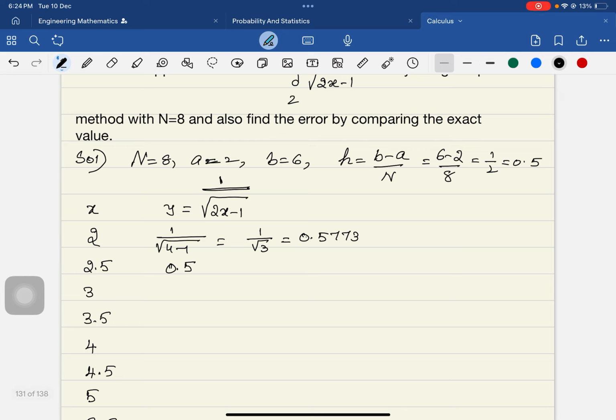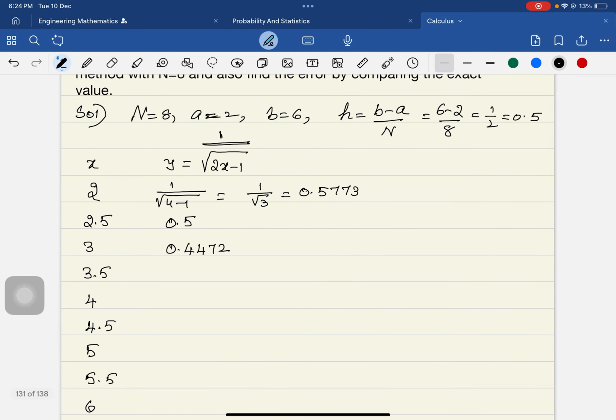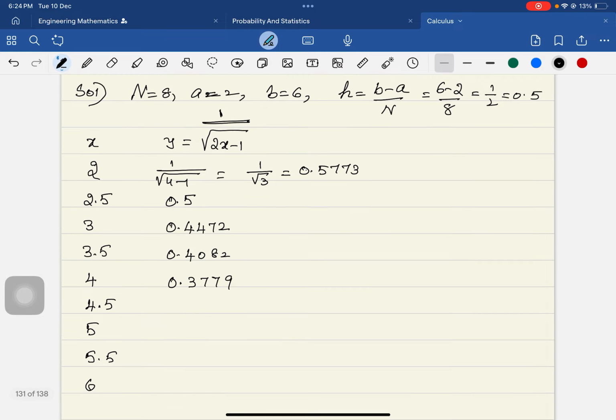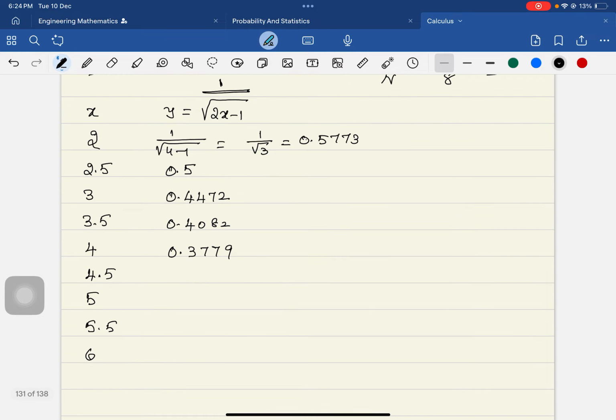For 3, it is 1 over root of 6 minus 1, 1 over root 5, which is 0.4472. And then this is 0.4082. And then 0.3779. And then 4.5 means it is 0.3535. And then when it is 5, it is 0.3333. And this 5.5 means 0.3162.